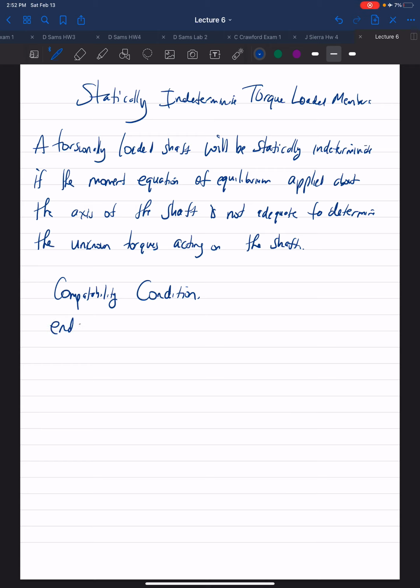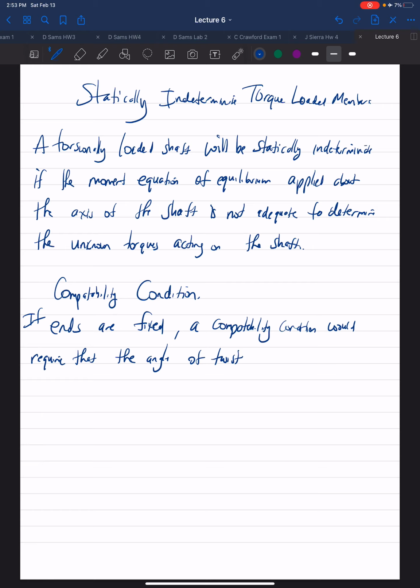For example, if the ends are fixed, a compatibility condition would require that the angle of twist of one end of the shaft with respect to the other be equal to 0.